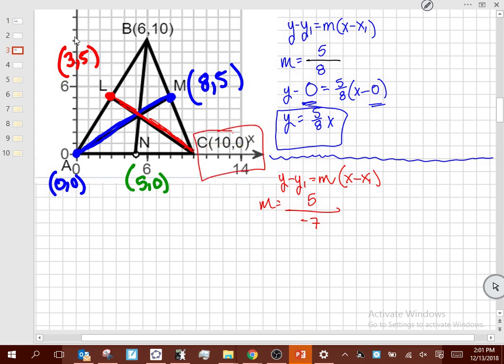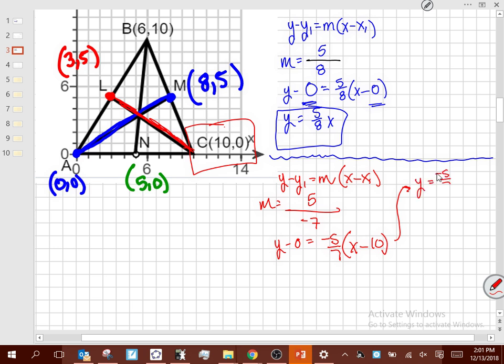Or do I want to choose that one? That one. So now I'm going to go y minus 0 is equal to my slope, negative 5/7, x minus 10, right? That's going to end up giving me y equals negative 5/7 x plus 50/7.